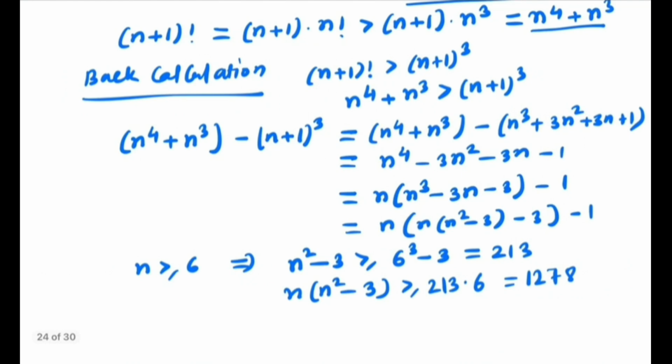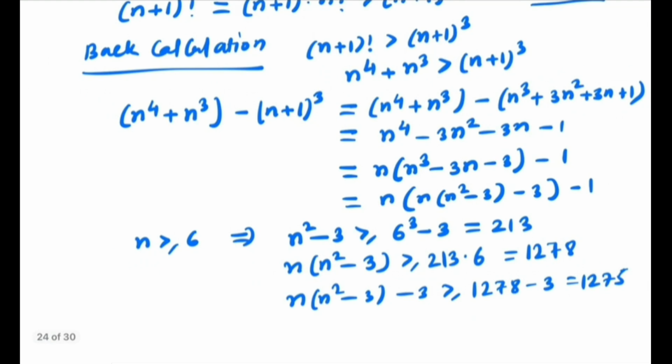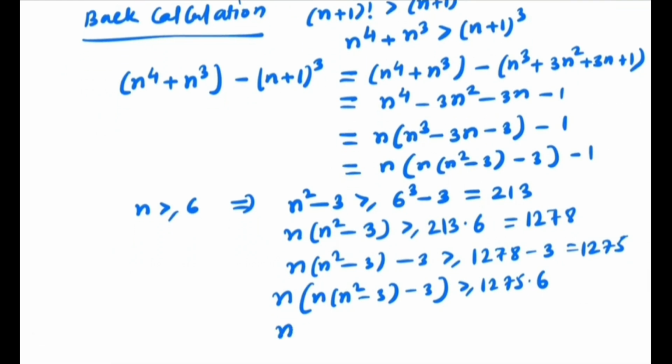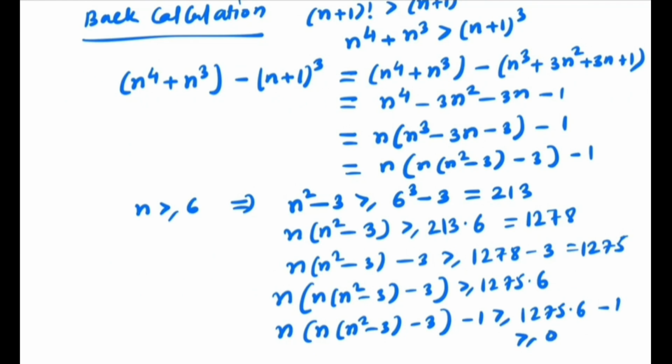If we subtract 3, we have n into n squared minus 3 minus 3 is bigger or equal to 195. And again, if we multiply by n, it is bigger or equal to 195 into 6. Subtracting 1, it is 195 into 6 minus 1, which is eventually positive.